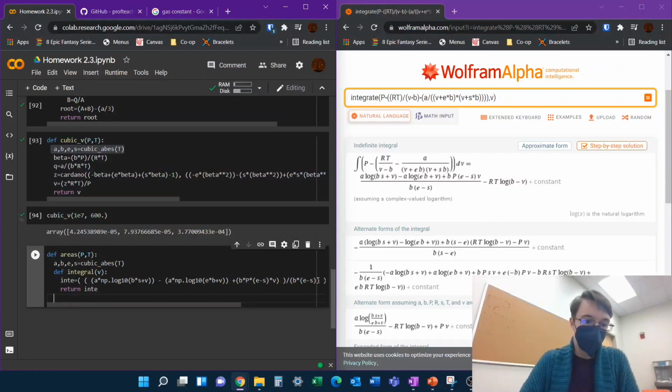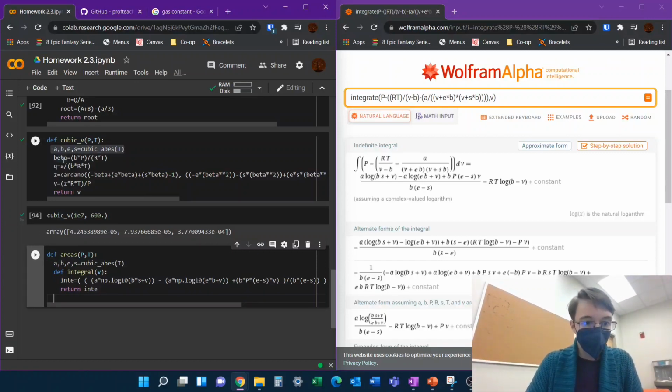So next we're going to need to actually call this function, and we're going to put in these roots from the cubic V function. So first we're going to need to call the cubic V function.